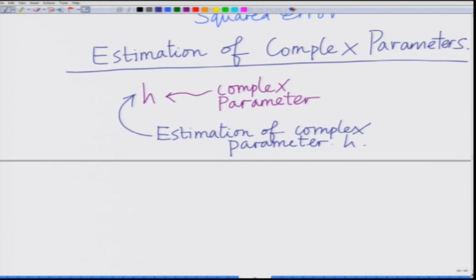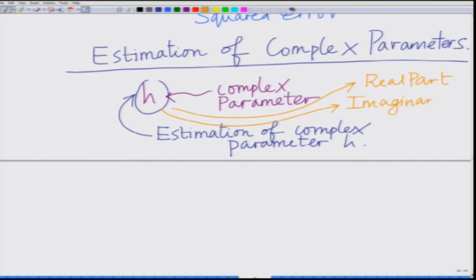Now, since h is complex, naturally it is going to have a real part and also an imaginary part. This has both real and imaginary parts.